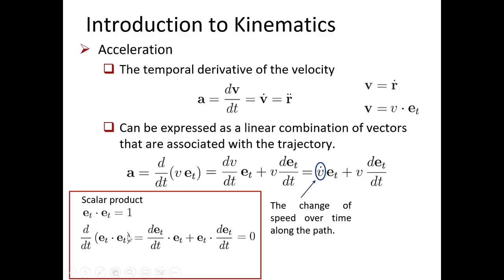If you take the derivative, you get det over dt dot et, and the same thing comes here again, and the other side becomes 0. Therefore, det over dt dot et is 0. That means they are perpendicular to each other. So definitely, when you take the derivative, they become perpendicular. So et and det over dt are two perpendicular vectors.